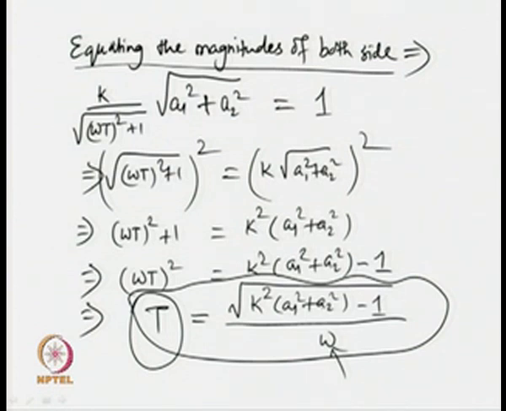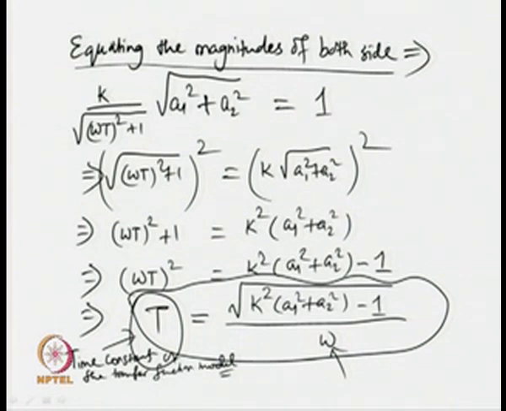So, this is how I got an explicit expression for the time constant of the transfer function model for the dynamics of the original system.